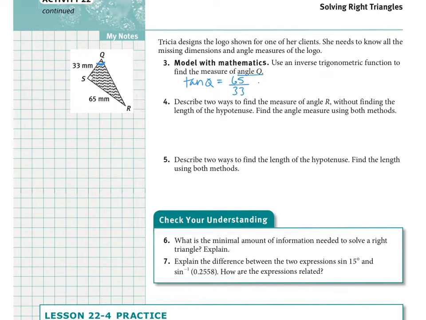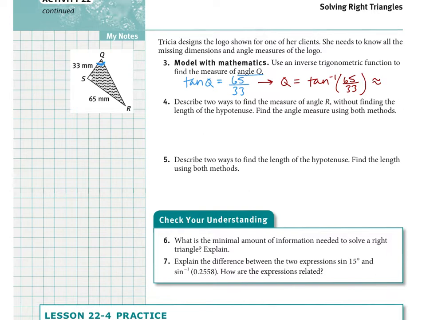We want to take the inverse of both sides, so that we're just solving for Q, and we're taking the inverse of 65 over 33. So we're going to have Q equals the inverse of tan of 65 over 33. So go ahead, put that in your calculator, and we're going to see what we get.